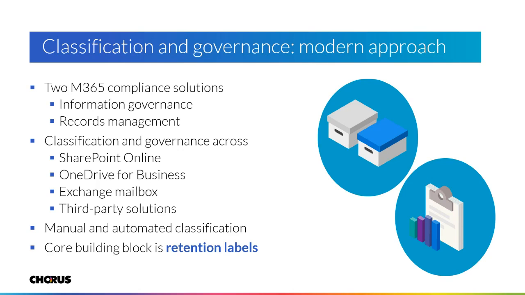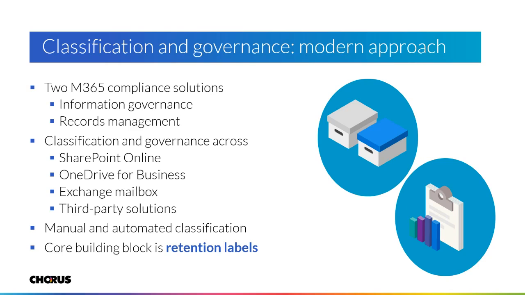So the modern approach, we've got two compliance solutions in Microsoft 365. We've got information governance and records management. Both of these solutions provide classification and governance across a whole bunch of repositories, so across SharePoint, across OneDrive, across Teams, across Exchange, across third-party solutions and network drives.